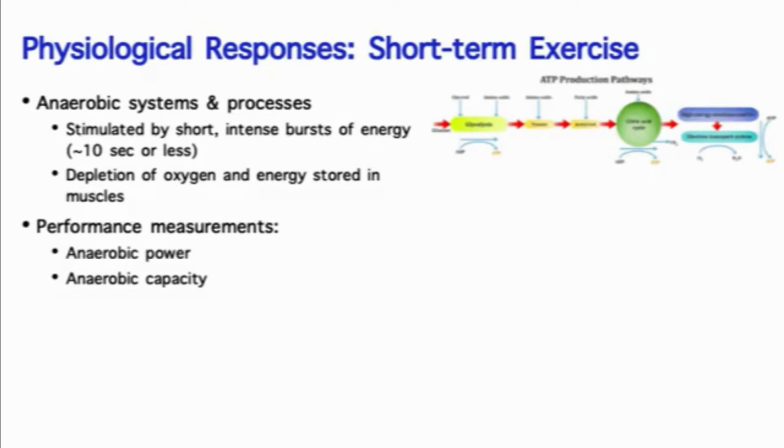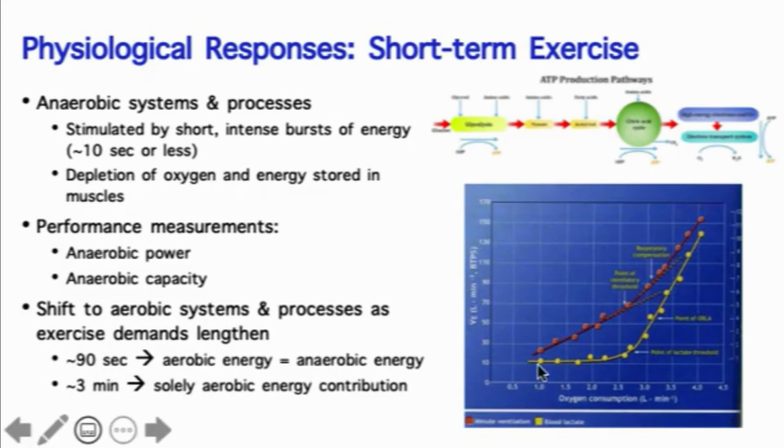We look at capacity in terms of this curve here, which you've probably seen if you've taken 301 with Dr. Cotter before. We've got oxygen consumption in liters per minute on the bottom, and then we have our ventilatory capacity, or our minute ventilation, represented by VE on the y-axis.